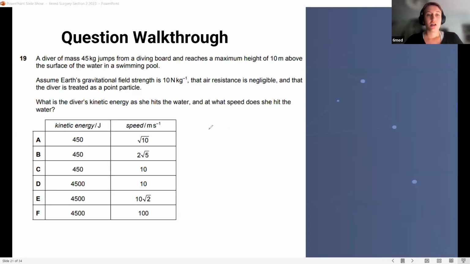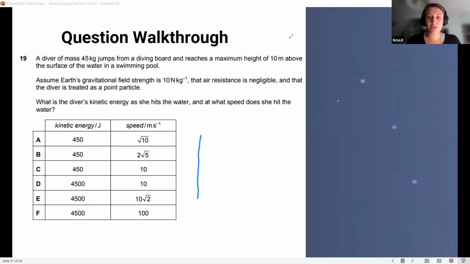So again, you need to understand a couple of principles for this, but mostly you need your equations. The thing to remember is when you've got a movement essentially up and then down due to gravity, we're dealing with kinetic energy and gravitational potential energy. As the object moves up, kinetic energy is being transferred into gravitational potential energy. As the object moves down, gravitational potential energy is being transformed into kinetic energy.